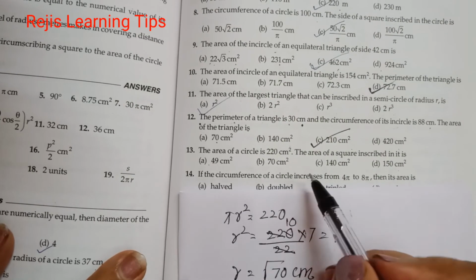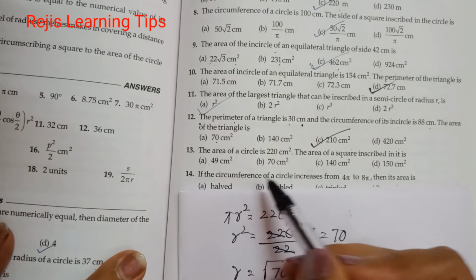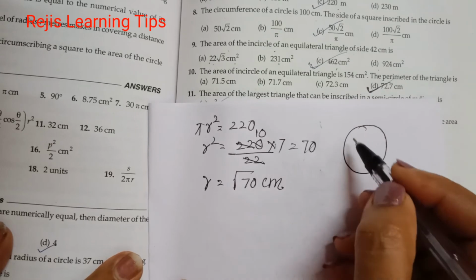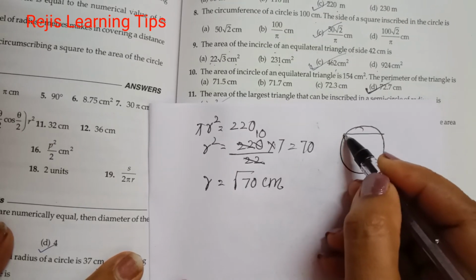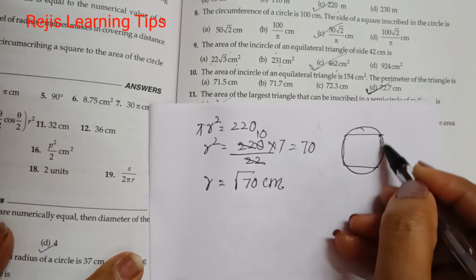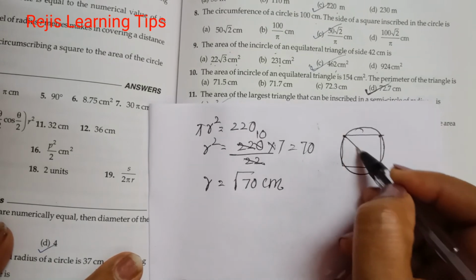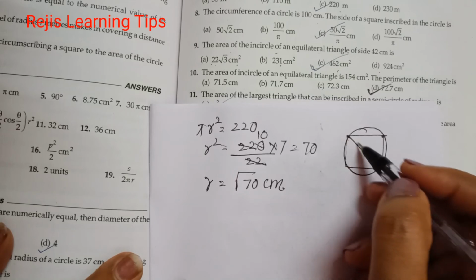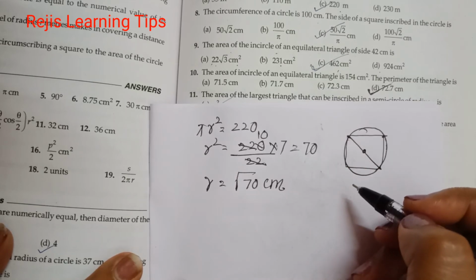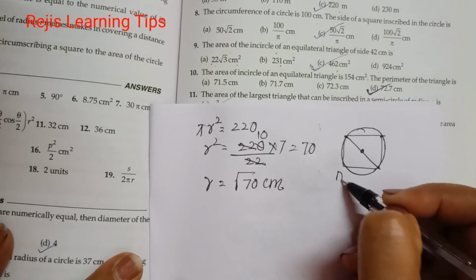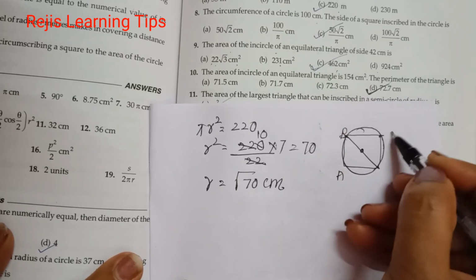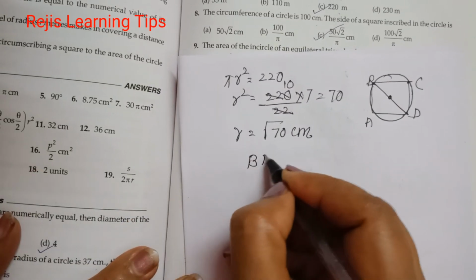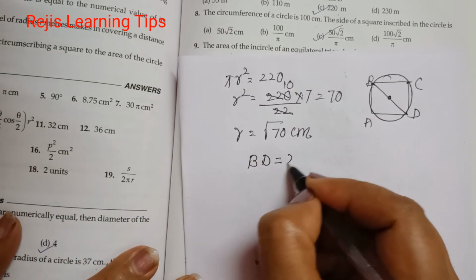Okay. Then the area of the square inscribed in it, this is the circle. Area of the square inscribed in the circle. Okay, this is the diagonal of the square and also diameter of the circle. A, B, C, D, and BD is equal to 2R.